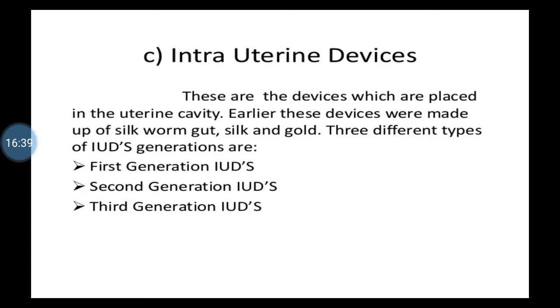Now in this also there are different kinds of intrauterine devices: first generation, second generation, third generation. But mostly Copper T 200, as I said, is recommended by the Department of Family Welfare.